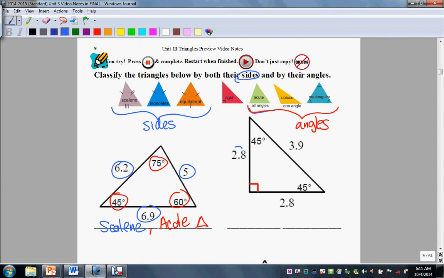The one on the right, taking a look at the sides. Notice we have 2 sides equal, so this makes this isosceles. Taking a look at the angles, you have a right, so it's an isosceles right triangle.